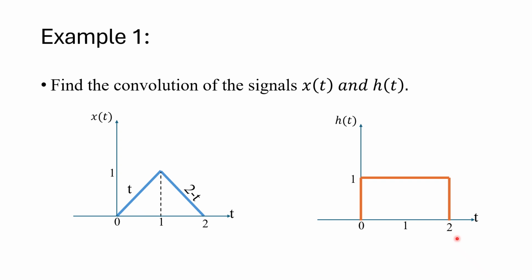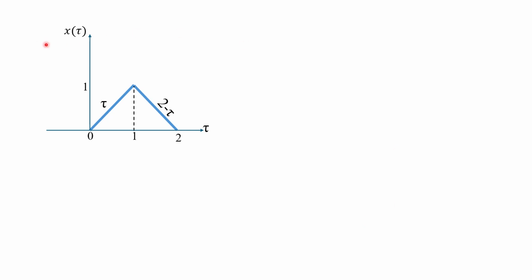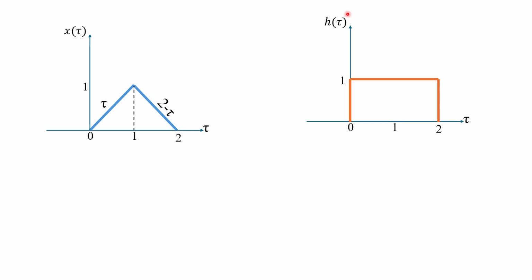So to solve this problem step by step, the first step is to redraw the signals x of t and h of t on the tau axis. Hence, we obtain x of tau as tau for 0 to 1 and 2 minus tau for 1 to 2. And we obtain h of tau as 1 for 0 to 2 on the tau axis.